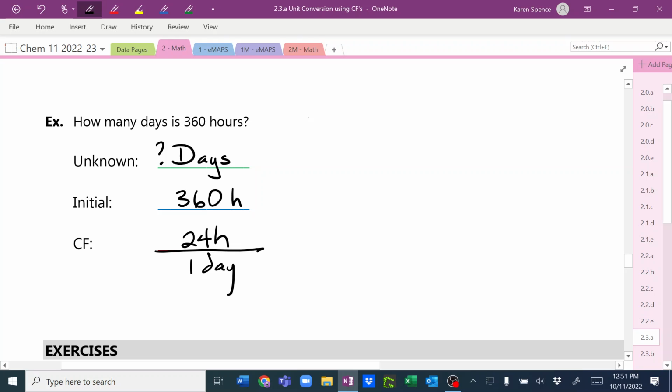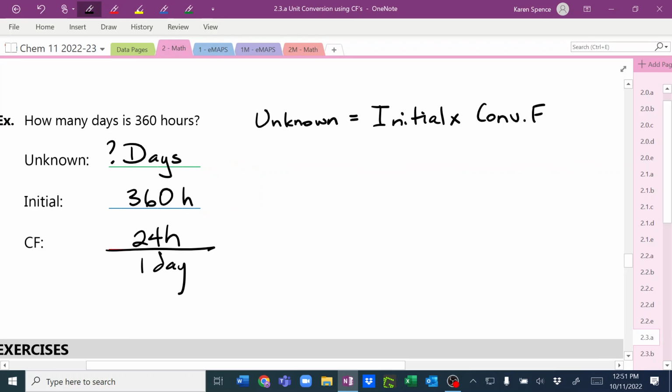You're always going to start by having your unknown equals your initial quantity times the conversion factor.